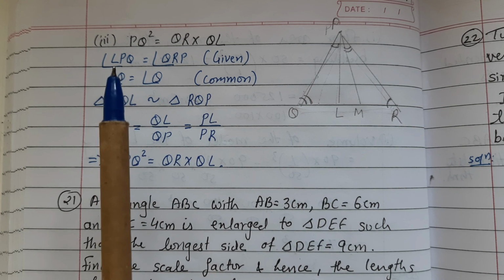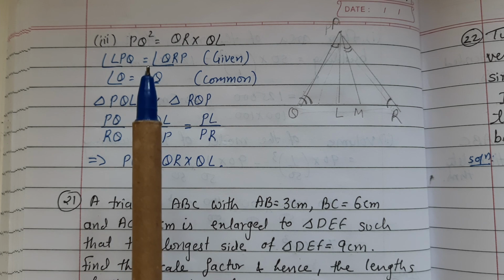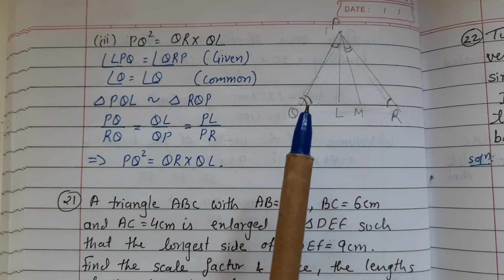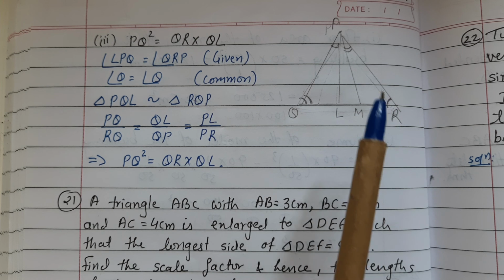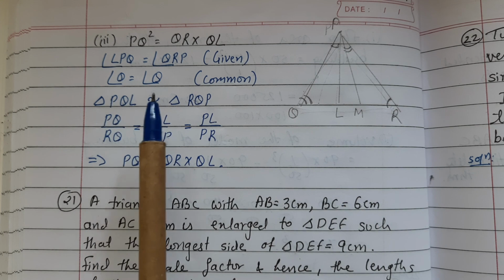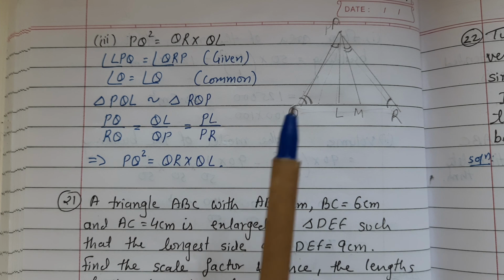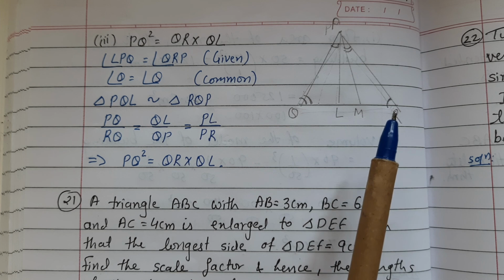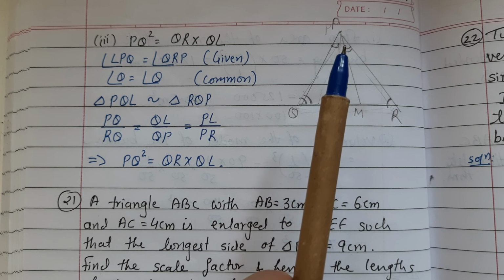Third part, to prove PQ square is equal to QR into QL. Given angle LPQ is equal to angle QRP, and angle Q is common. Therefore, triangle PQL is similar to triangle RQP.